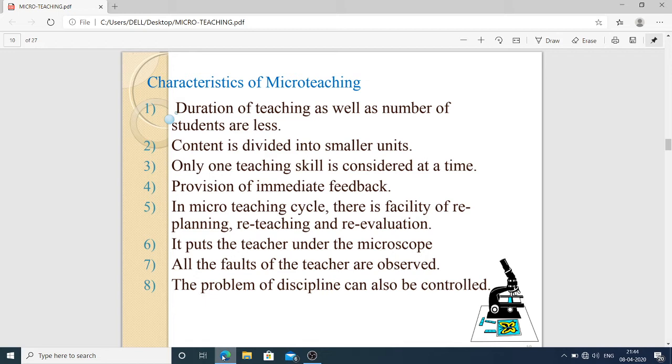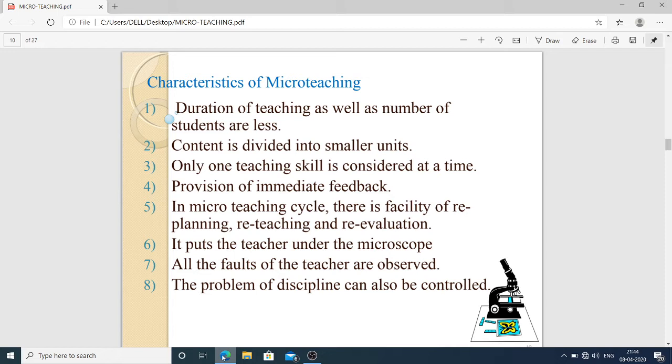Under micro teaching, when a competent teacher assesses the new teacher, only one skill is considered at a time, like confidence, then way of explanation, handling of the class. These things can be improved one by one in the new teacher.